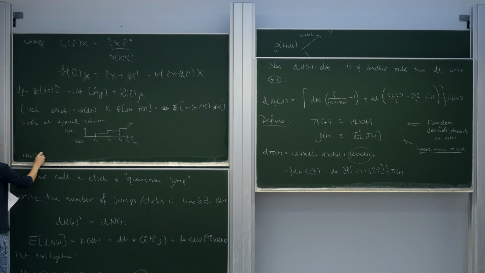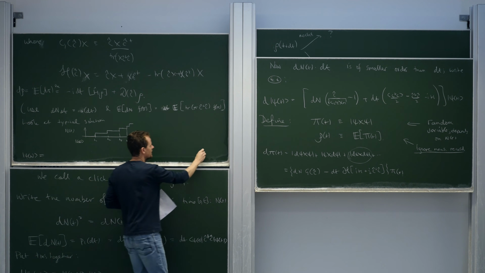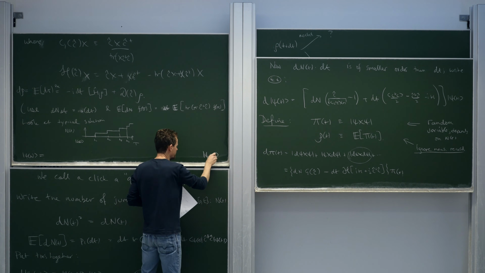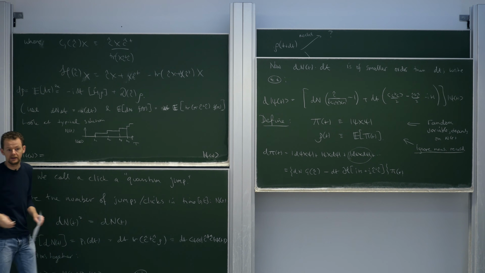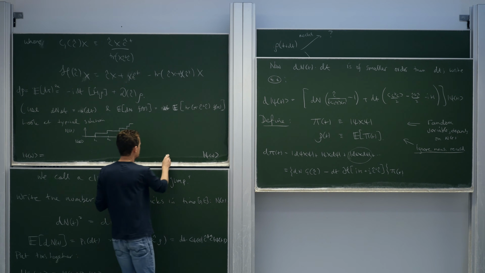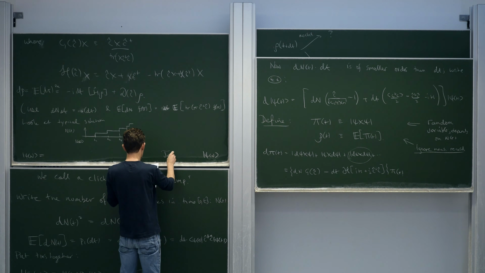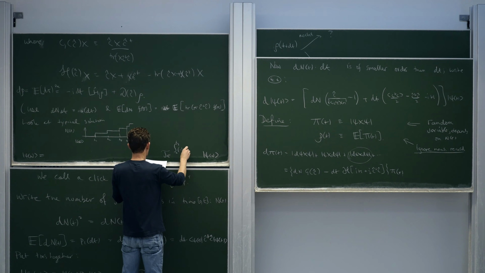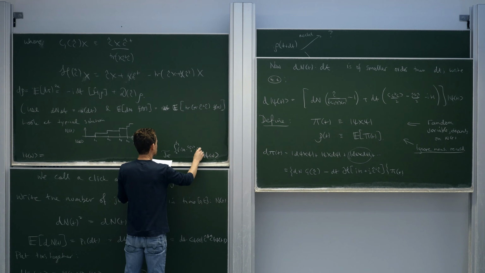So psi at time t is psi at time 0 evolved. And how does it evolve? Well, between clicks it evolves according to the time-ordered exponential from 0 to t1 of minus iH minus the expectation value of c dagger c minus c dagger c over 2, ds.